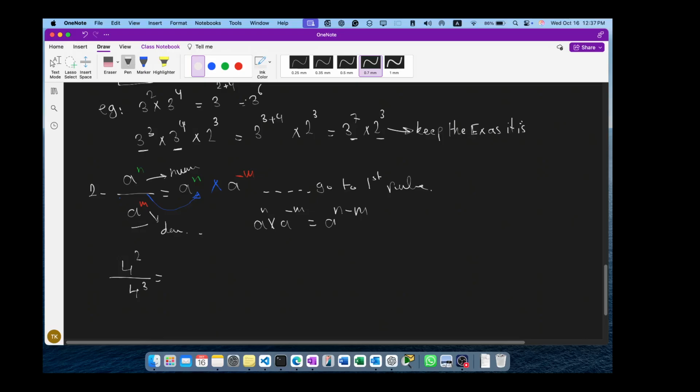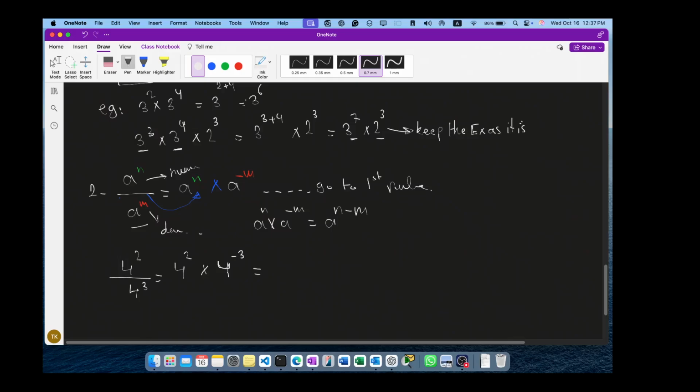Let me explain this example in baby steps, then I will go to reducing or simplifying. I will put 4, as we said, the numerator as itself, 4 power 2 times, I flipped the division to multiplication, and the denominator, I kept the base as itself and flipped the power to negative.